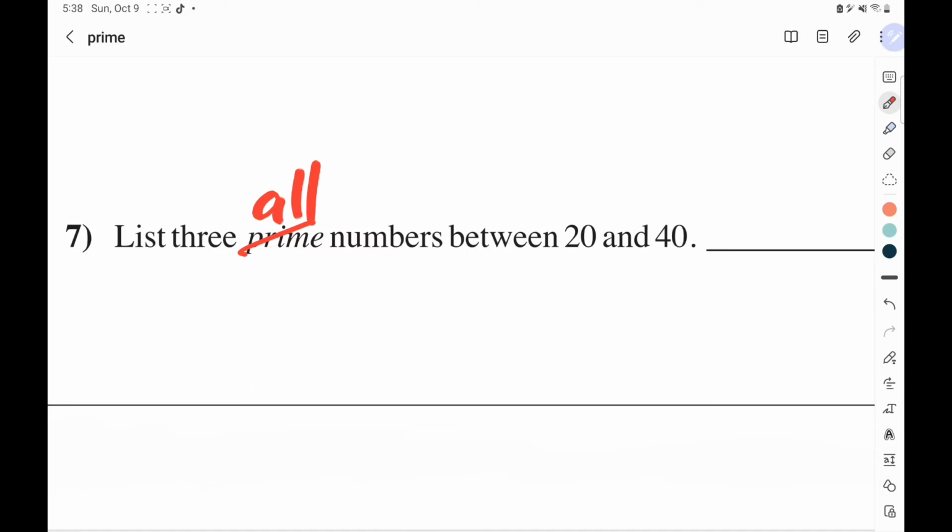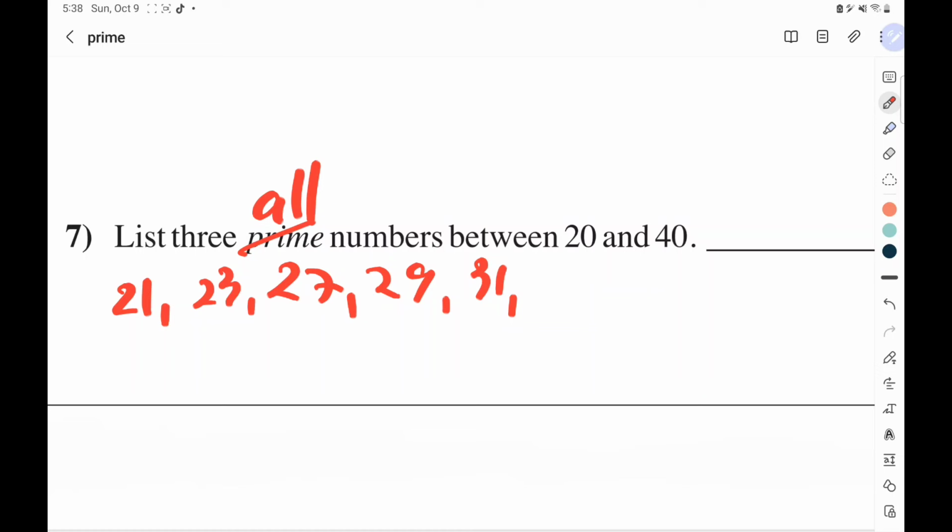The first thing that we need to do is to eliminate all the even numbers and the multiples of 5 and the double digit. So we will start with 21, 22, 23, 24, 25. 25 is a multiple of 5, so we're not gonna write it. 26 is an even, and 27, 28, 29, 30, 31, 32, 33, 33 is a double, 34, 35, 36, 37, 38, 39, and 40.